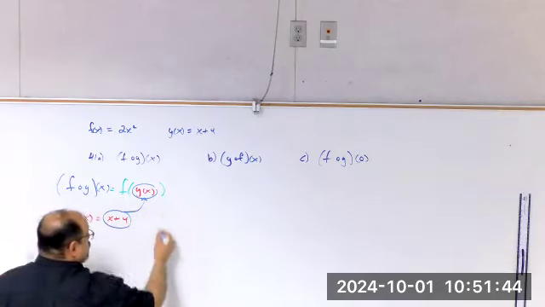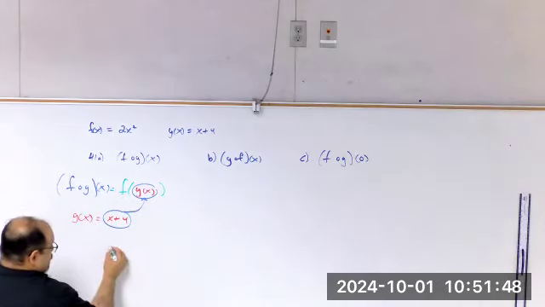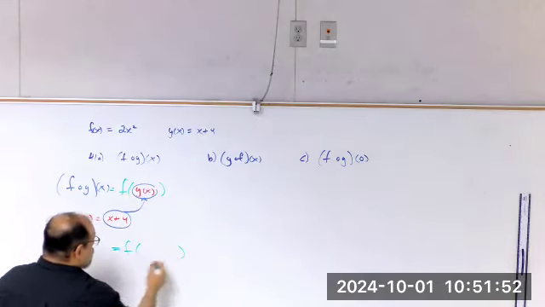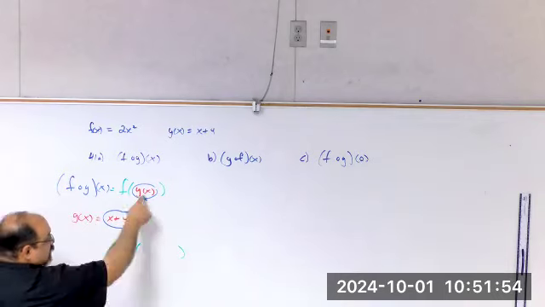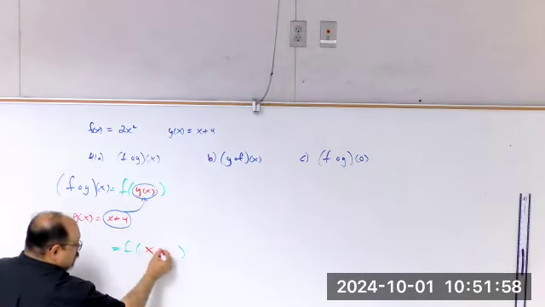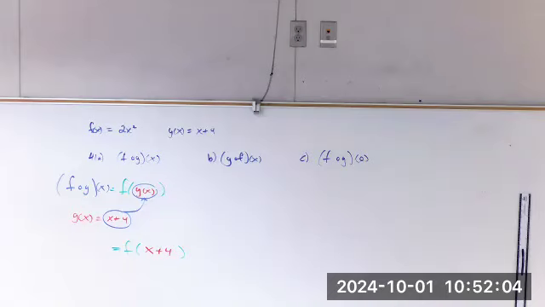Now we're going to do f of. This becomes f of. I'm replacing this g of x with x plus 4. Which is what you already did. You did this in 1.3.